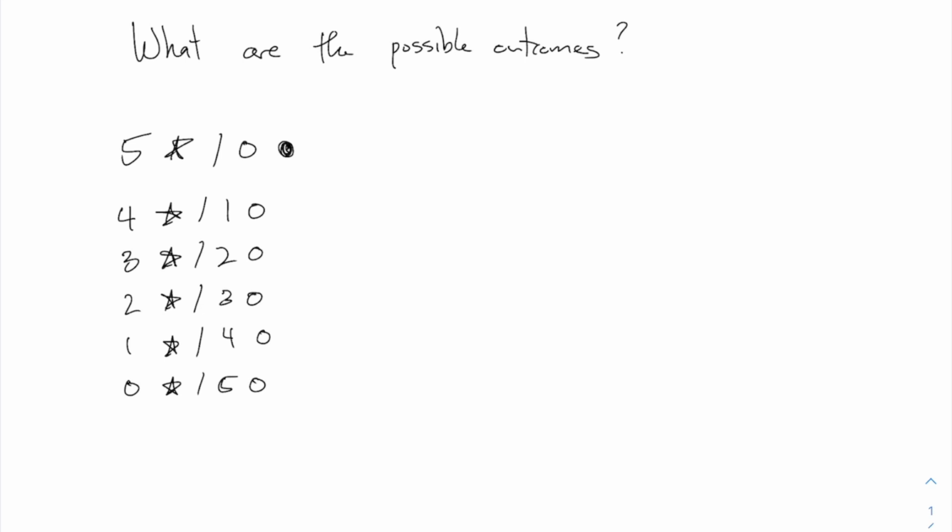Now, this is not the answer to my question. I asked what are the possible outcomes. These are just the ways that it could go because there are 5 districts.